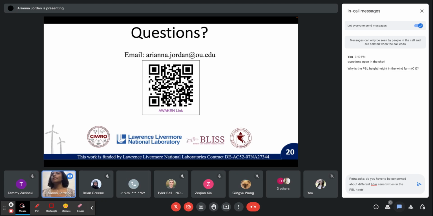Yeah, that's something to definitely consider. That's why it was nice to have it co-located, so you can see how that data compares. I think that would be a good campaign to look back on and see if those differences are really major or not, and then determine if the heights are affected by those differences.